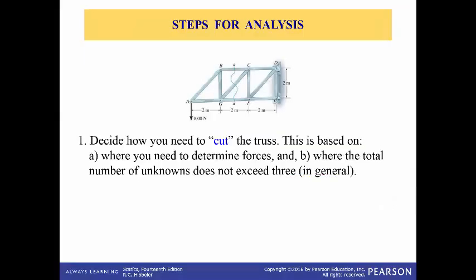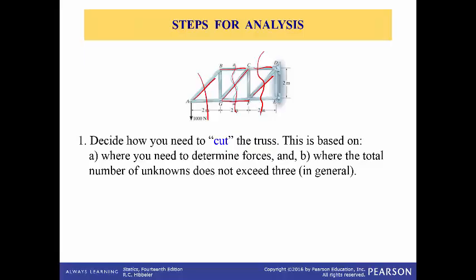In this case, it's being cut through here because you might want to determine GF or GC or BC, the forces in those members. If I wanted to know the forces in CD or FD, then I could have cut it here. If I just want force AB, then I cut here, which is like a joint.